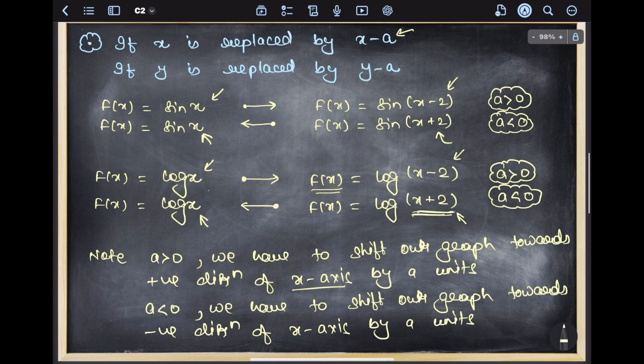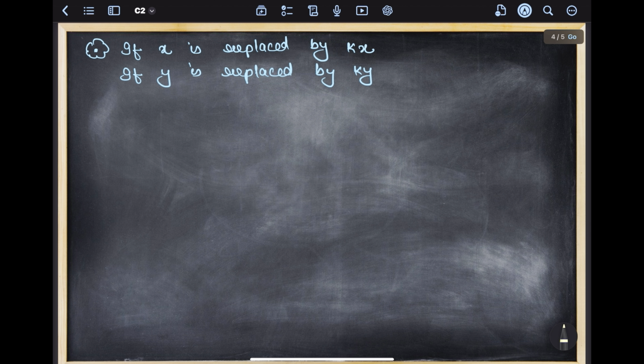Now let's jump on to the next stage. So here we have to handle this case. Suppose that f(x) is log x, and then we have to understand f(x) as log 2x. Okay, now look at this. According to me, if we put x as 1, we will get 0, correct?